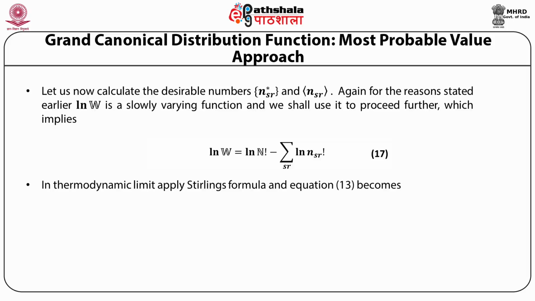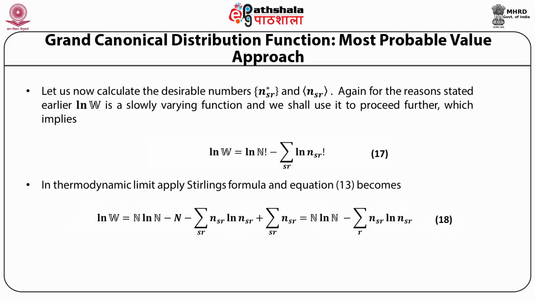In the thermodynamic limit, applying Stirling's formula and equation 13, this becomes log of W is equal to n log of n minus n minus summation over s, r of n_sr log of n_sr plus summation over s, r of n_sr, which is equal to n log of n minus summation over s, r of n_sr log of n_sr.